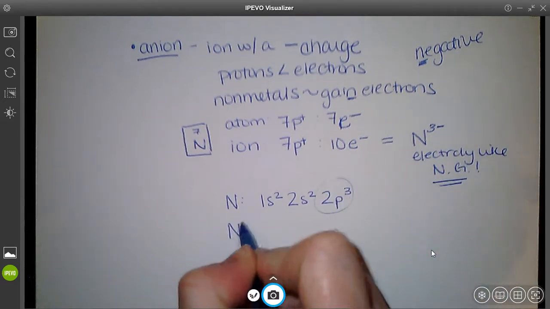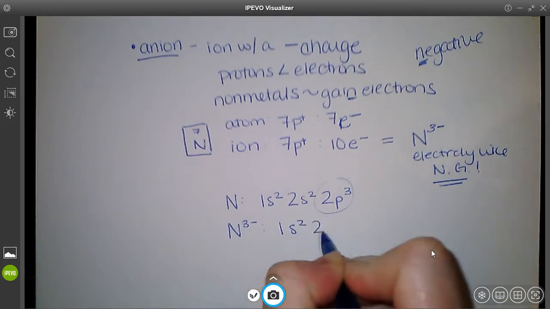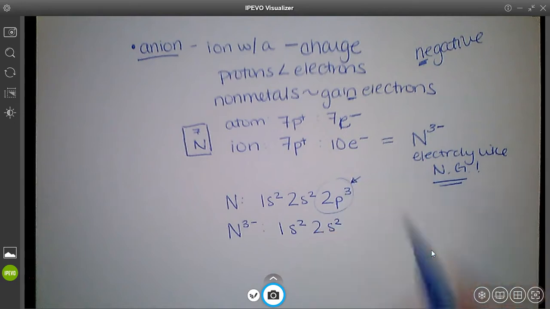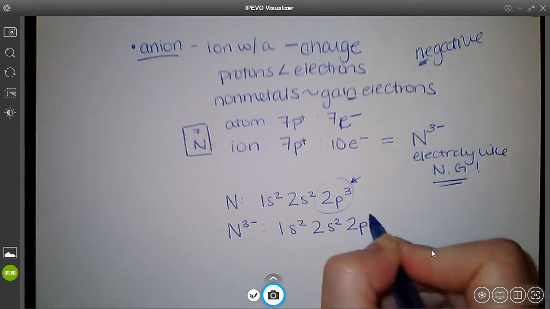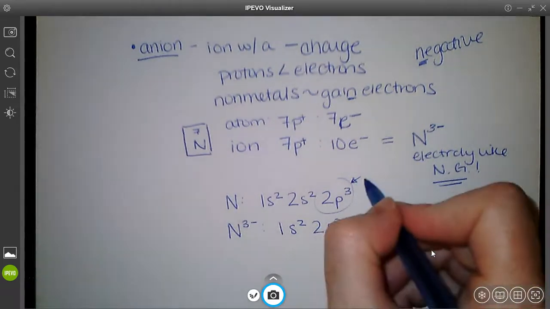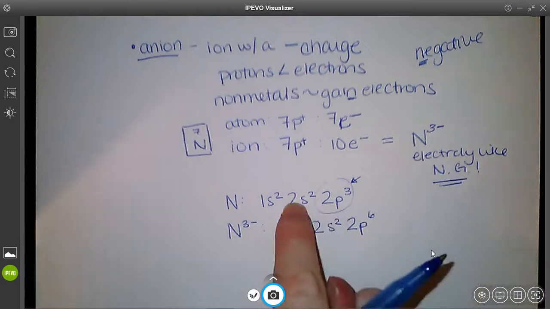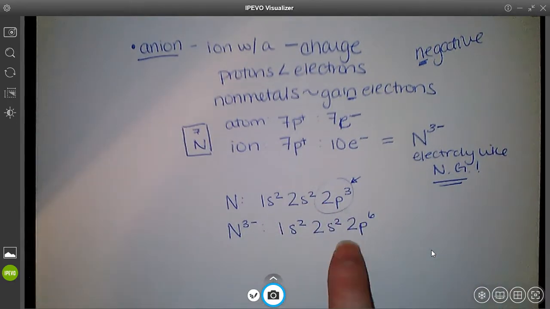So nitrogen with a 3 minus charge is going to be 1s2, 2s2, and then it gained 3 electrons into its outer energy level. So instead of 2p3, I gained 3 more, so it's going to be 6. Okay, because the electrons always go into the p block for the valence shell. It's not going to go into the s block because the s block would always be full to get up to the nonmetals. So we've got 1s2, 2s2, 2p6, that's neon with a -3 charge.